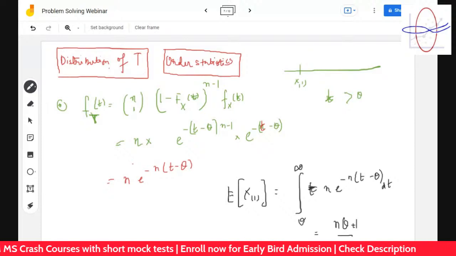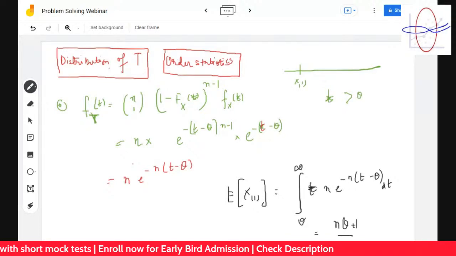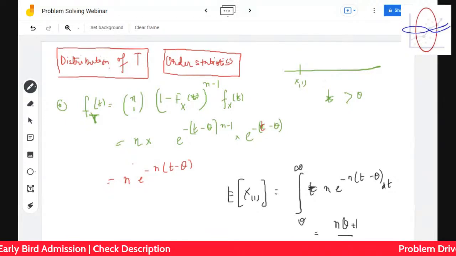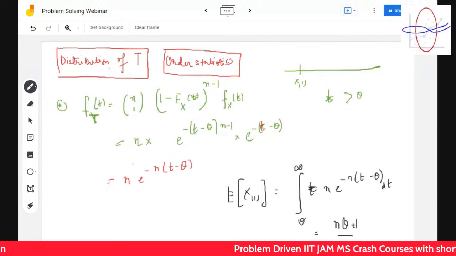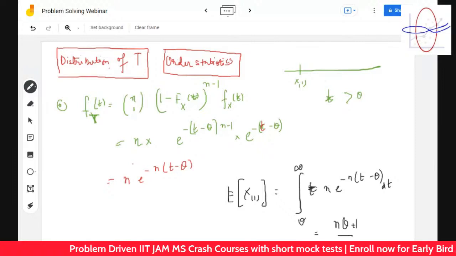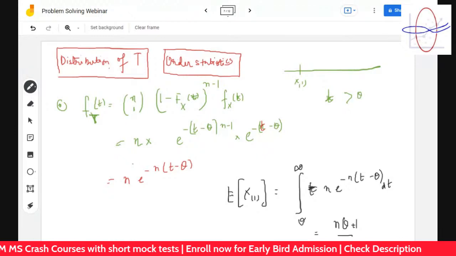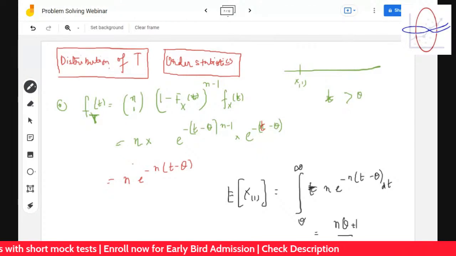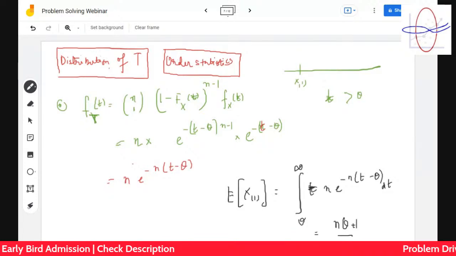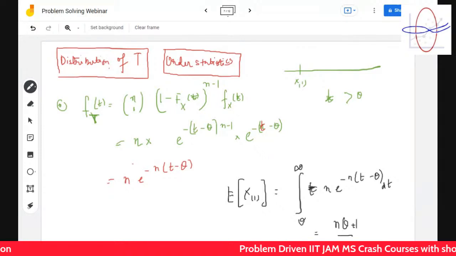Guys, you have 2 months left for IIT JAM, and if you can't solve an integration within 5 minutes, that's really bad news for you. So please tell me the solution. Okay, so Shantanu has told that it's theta plus 1 by n. Very good. Thank you, Shantanu.